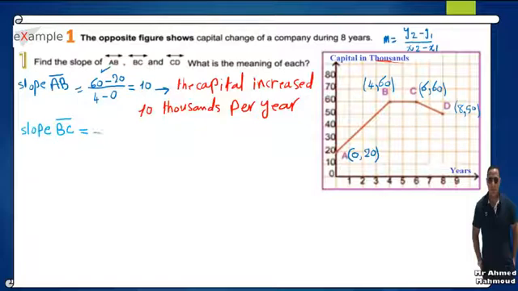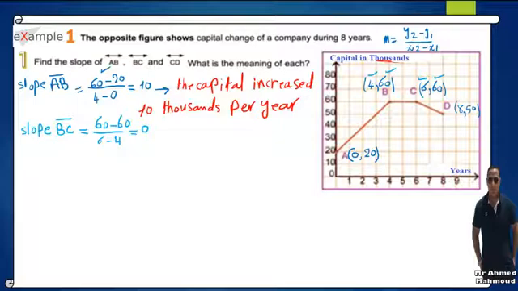It will be 60 minus 60 over 6 minus 4. It equals 0. That means that when the slope equals 0, the capital doesn't change. The capital is constant during the 2 years.